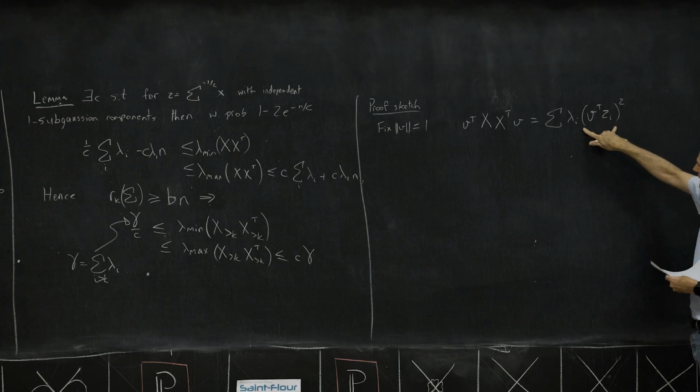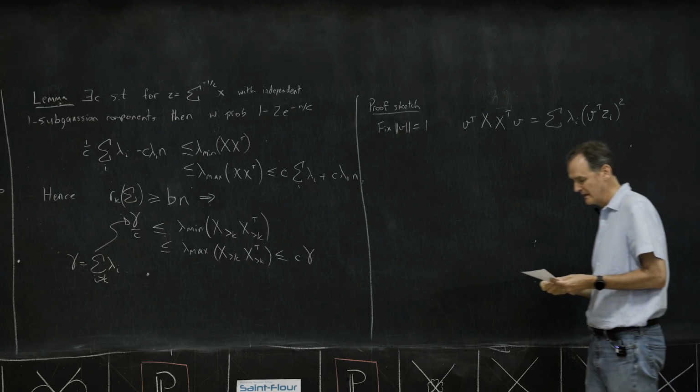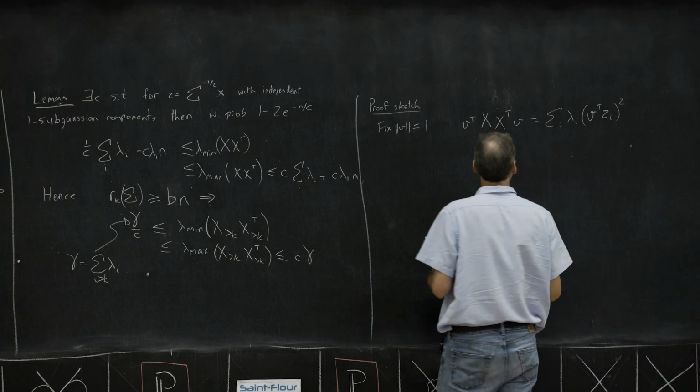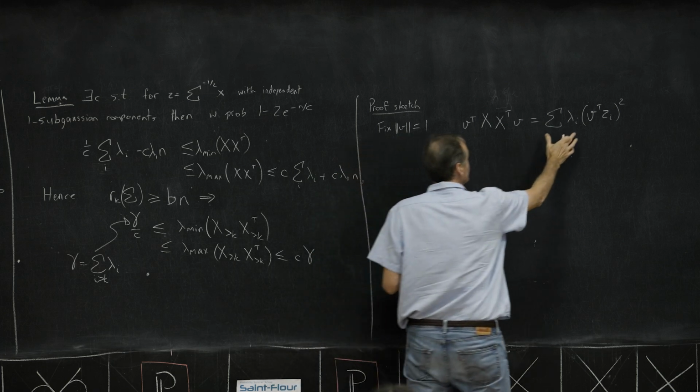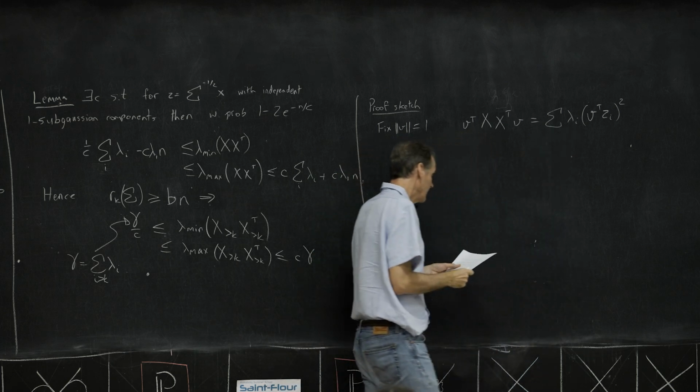This is a sub-exponential random variable, and so we get a bound on how it deviates from its expectation, which is the sum of the lambda i's.